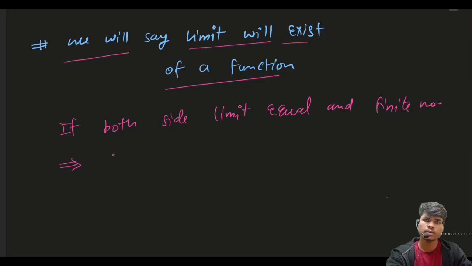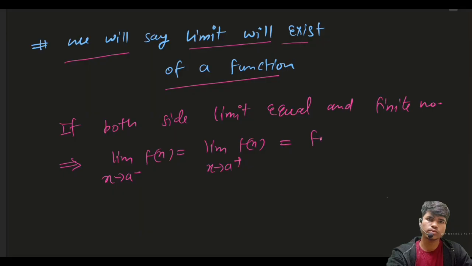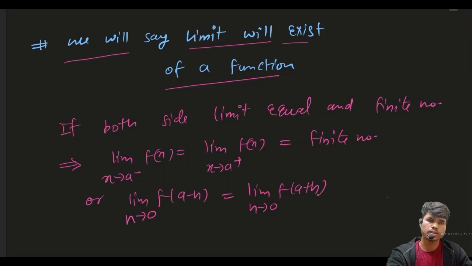Like limit x tends to a negative f of x equals limit x tends to a positive f of x equals a finite number, or limit h tends to 0 f of a minus h equals limit h tends to 0 f of a plus h equals a finite number.